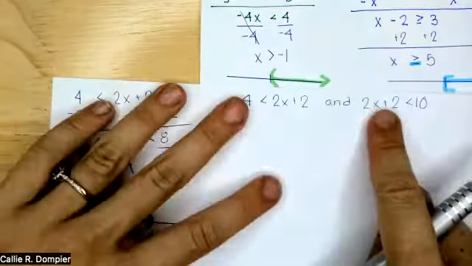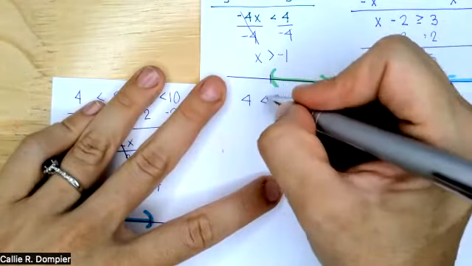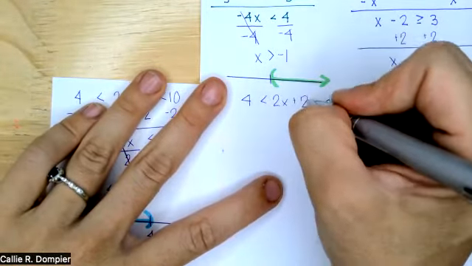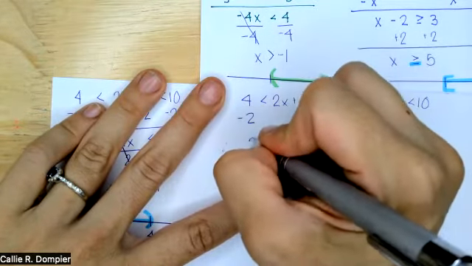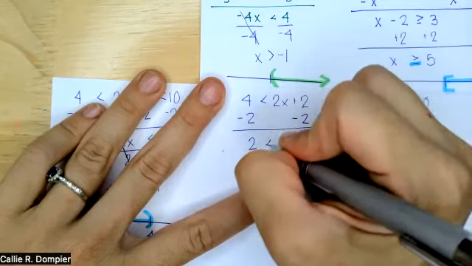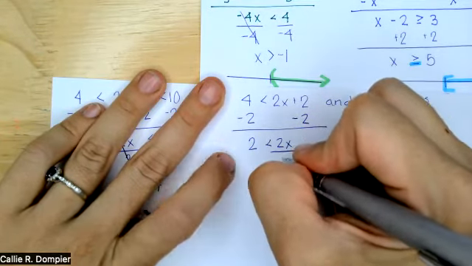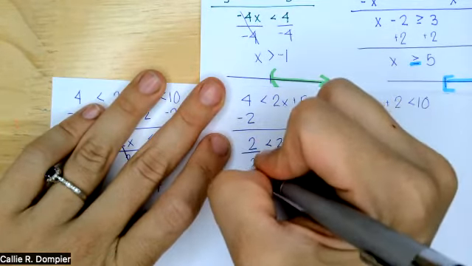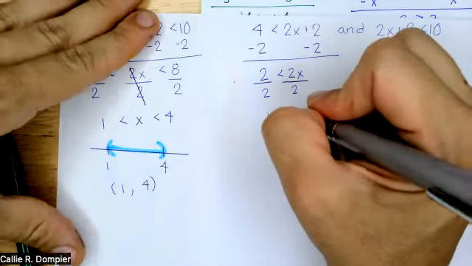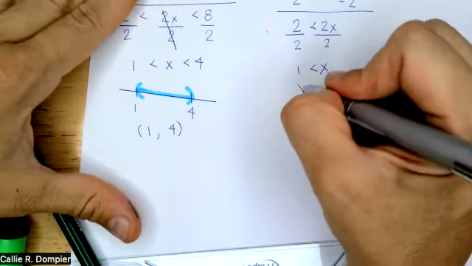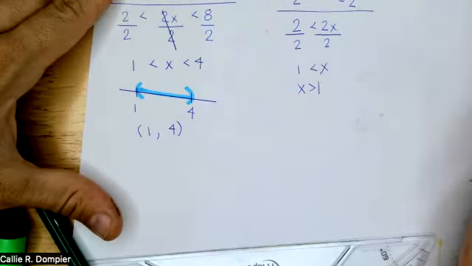Again, if you wanted to solve it individually, you could just say 4 is less than 2x plus 2. So I'll subtract 2. It becomes 2 is less than 2x. Divide by 2. 1 is less than x, which I flip around to say x is greater than 1, right?